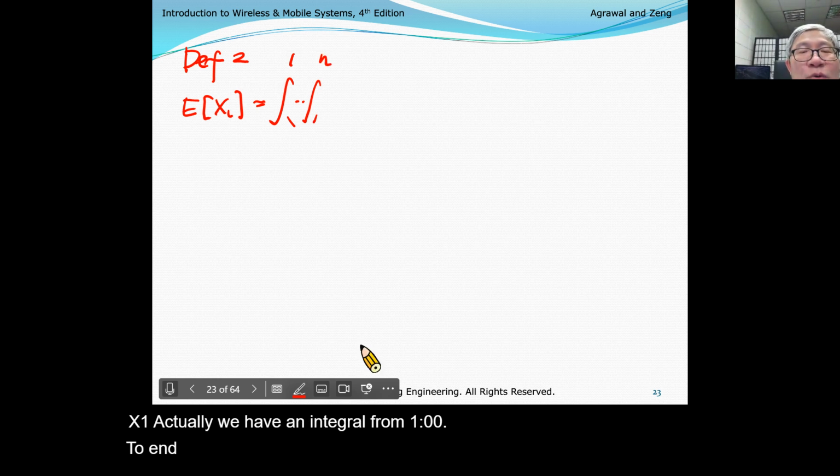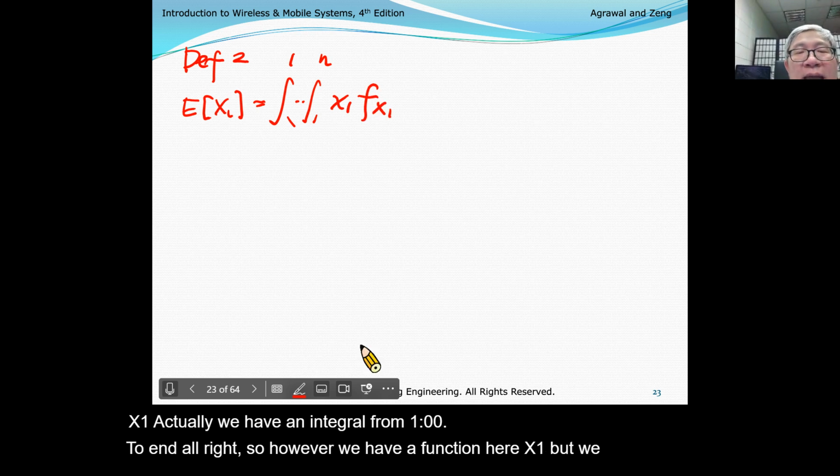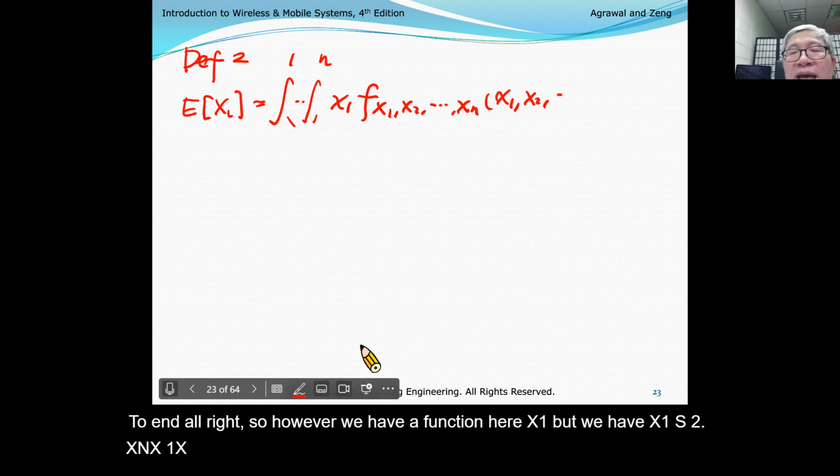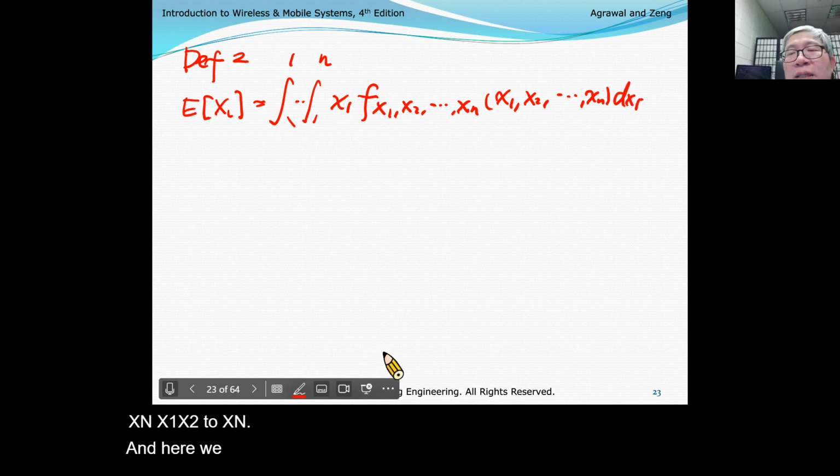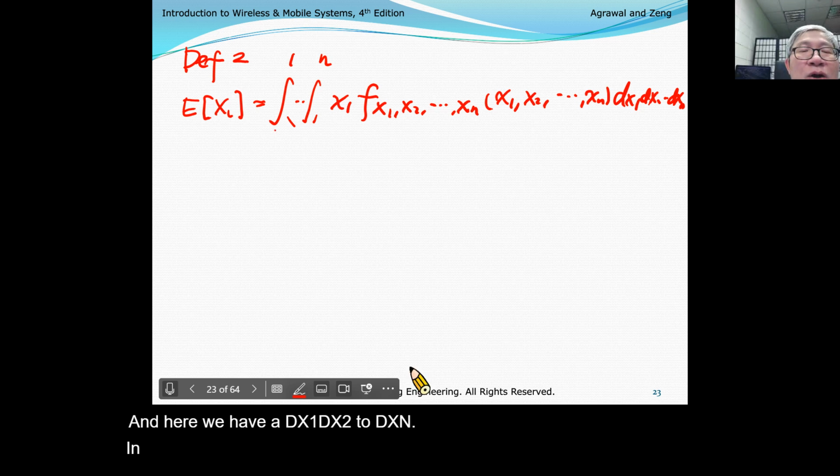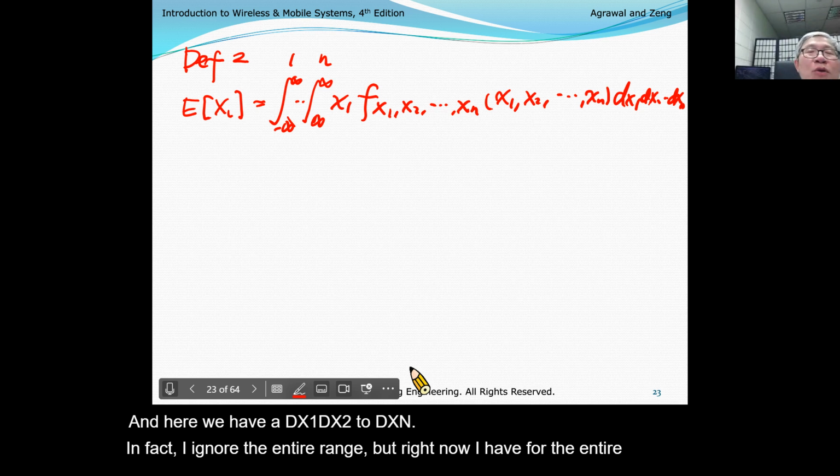However, we have a function here of x1, but we have x1, x2 to xn, and here we have dx1, dx2 to dxn. In fact, I ignore the entire range, but right now, I have the entire range, 1 to n.